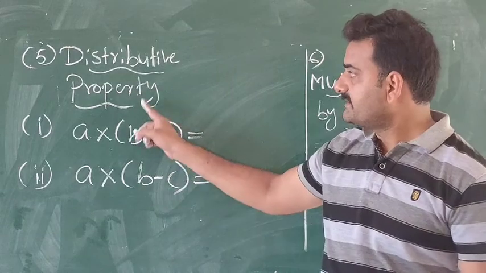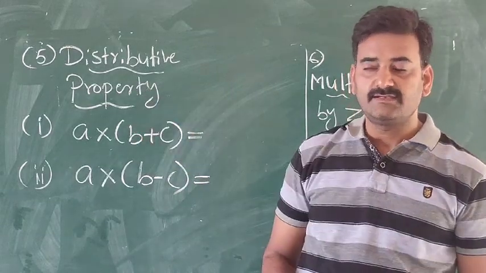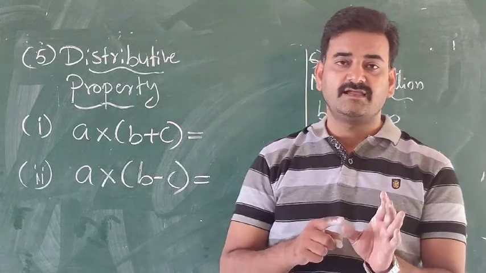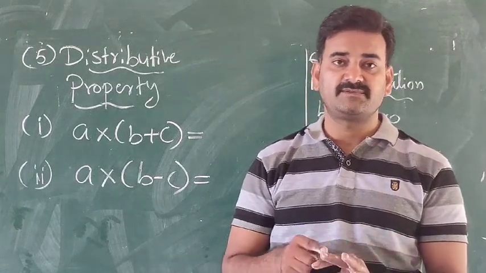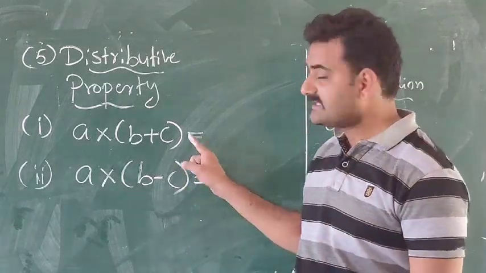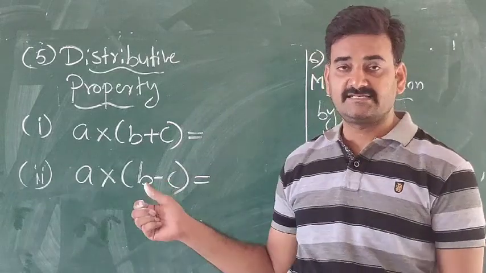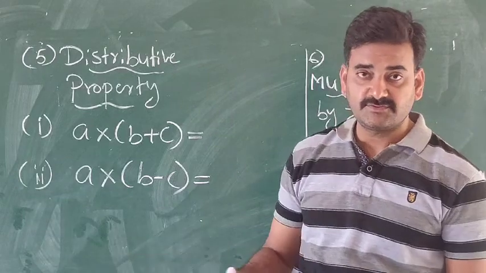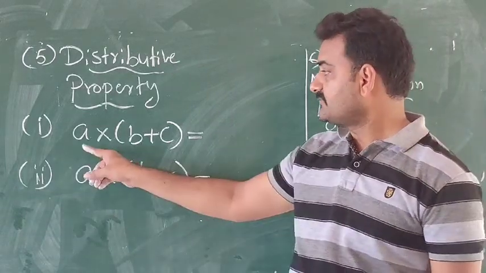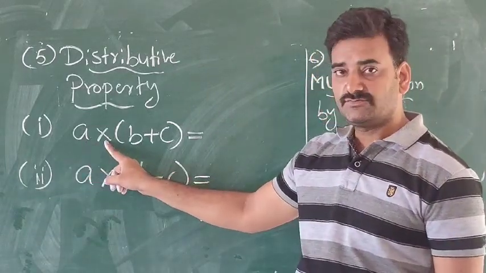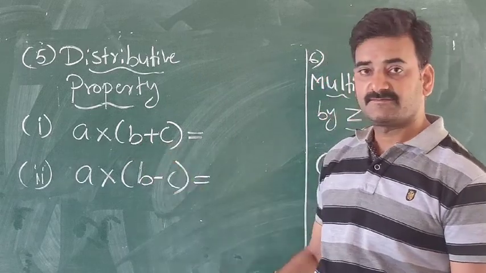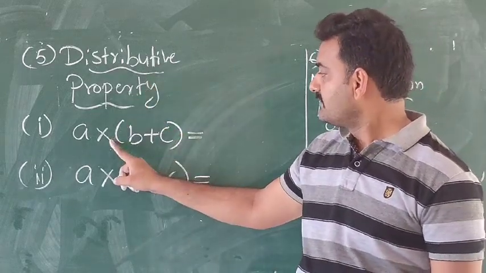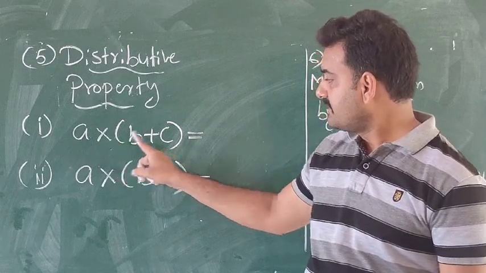Now the next property, fifth one, distributive property. Here also addition, subtraction, multiplication, division, but which already holds good, already I checked it, that's why I am going to write directly. Now you see how it is going to distribute. The first one, a into b plus c. This is distributive property of multiplication over addition.